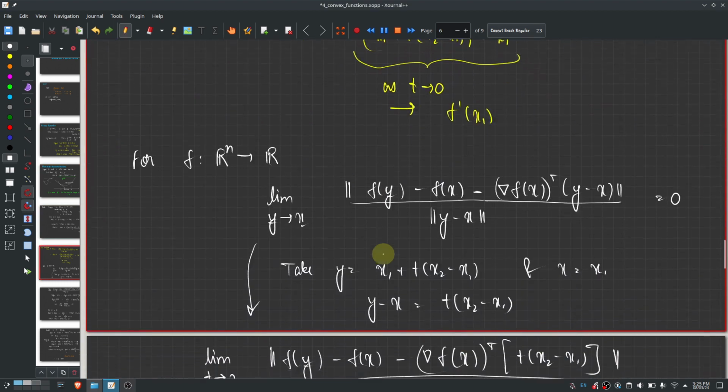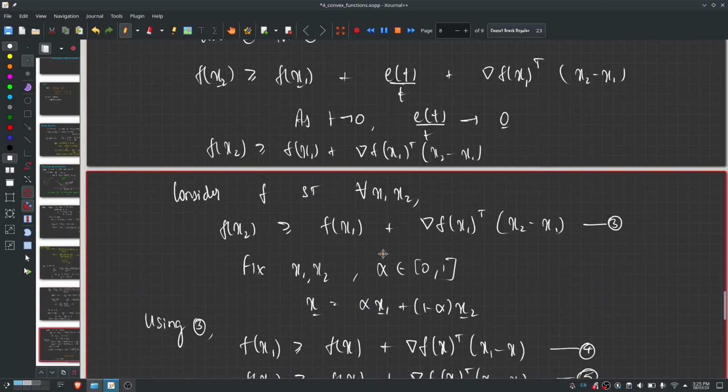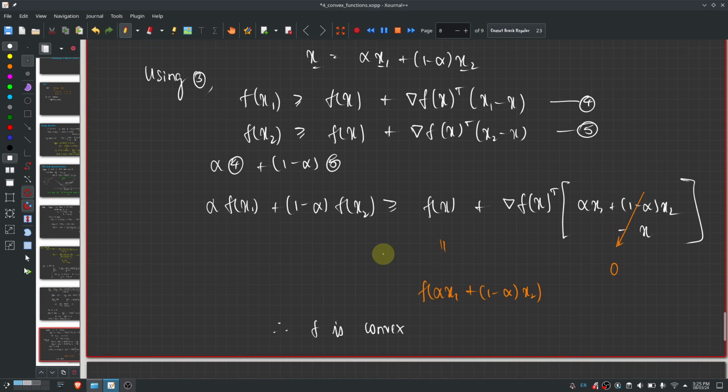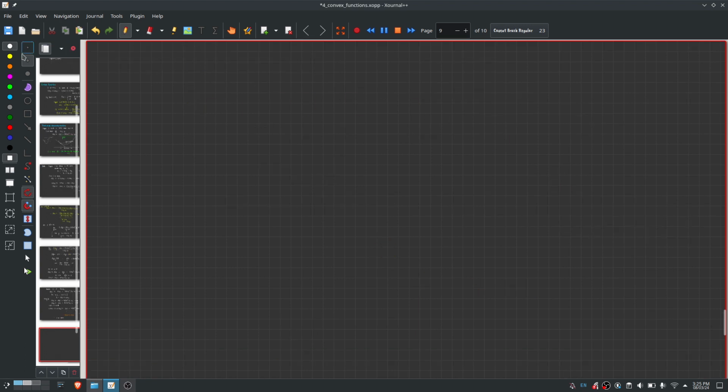There's another useful property of convex functions, one that in many cases helps you to prove convexity of various functions. So suppose f is some function defined on some arbitrary vector space, let's say Rn.